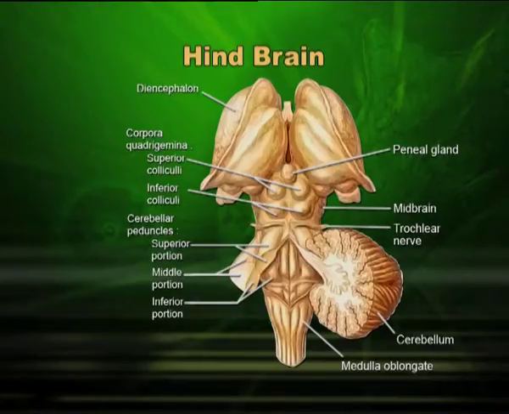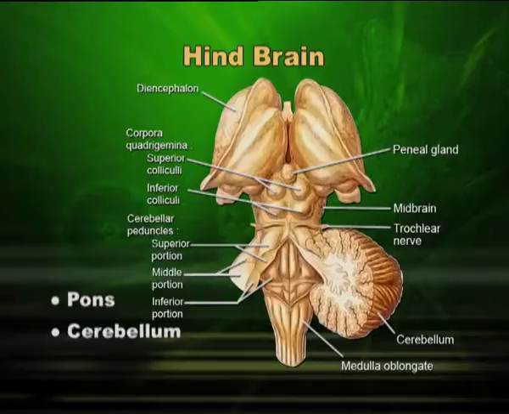Spinal cord has a canal running within the cord, and that is the reason why midbrain becomes very important. Hindbrain has parts like pons, cerebellum and medulla.